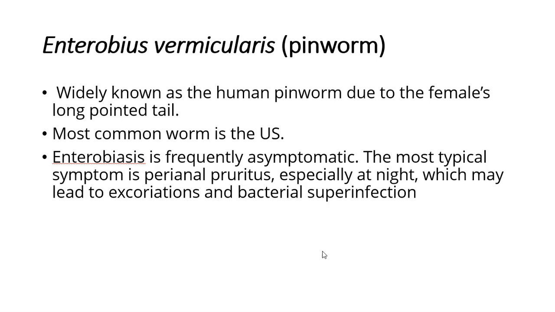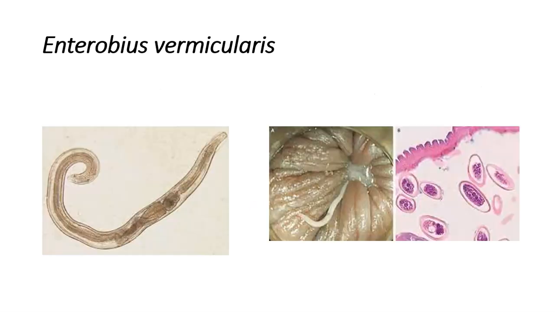It is the most common worm in the United States. It is frequently asymptomatic, but the most typical symptom is itching around the anus at night. That is when that female comes out to feed. Show you a picture. And so you're going to get itching. And when you start scratching and start digging, you can get a lot of problems and superinfections.